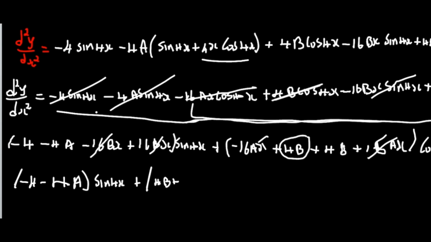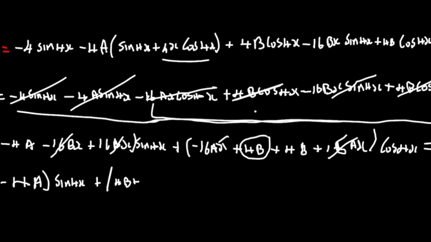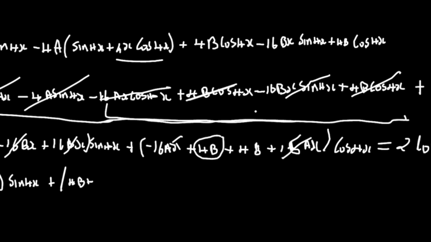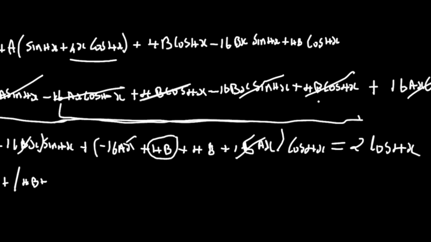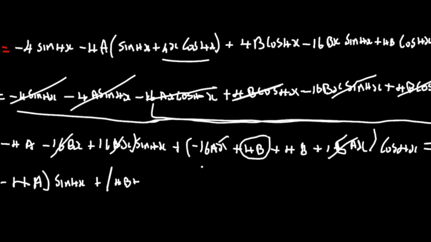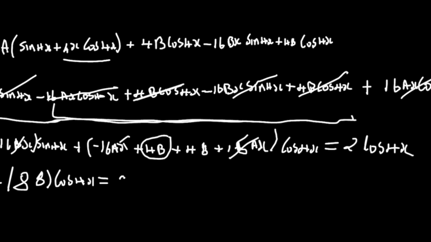Actually it's 4b, so 4b plus 4b is going to give us 8b. So 8b cos 4x equals 2 cos 4x.